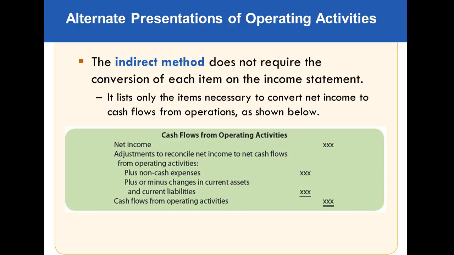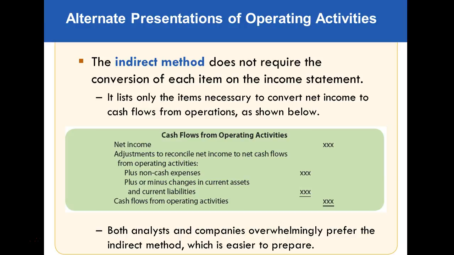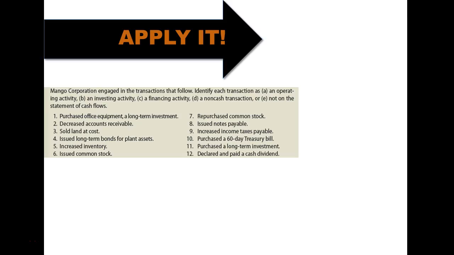So we're going to use an indirect method to arrive at our cash based on net income. Then we're going to add or subtract those various items. The indirect method does not require the conversion of each item on the income statement. It only lists those necessary to convert income to cash flows. Indirect method is usually the most common method you're going to see used.